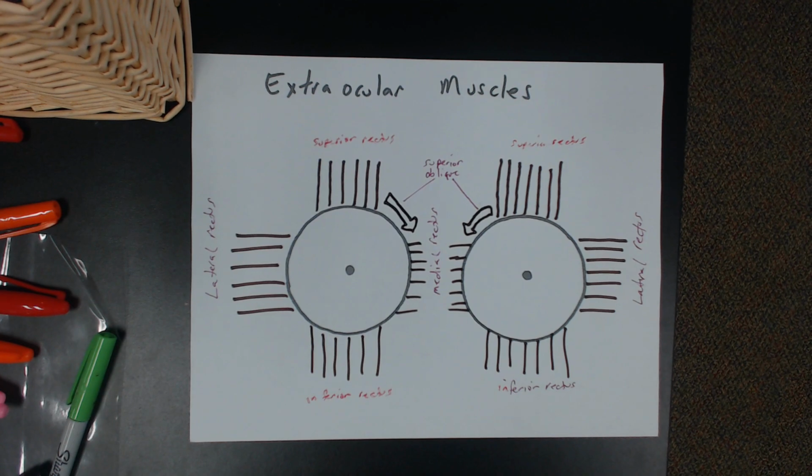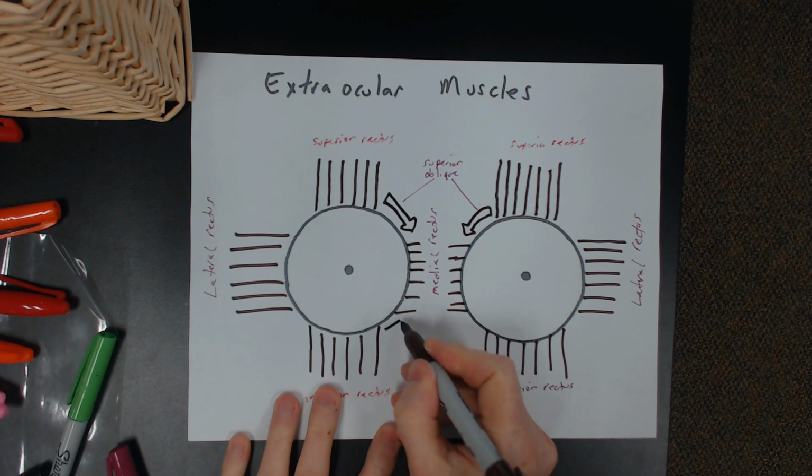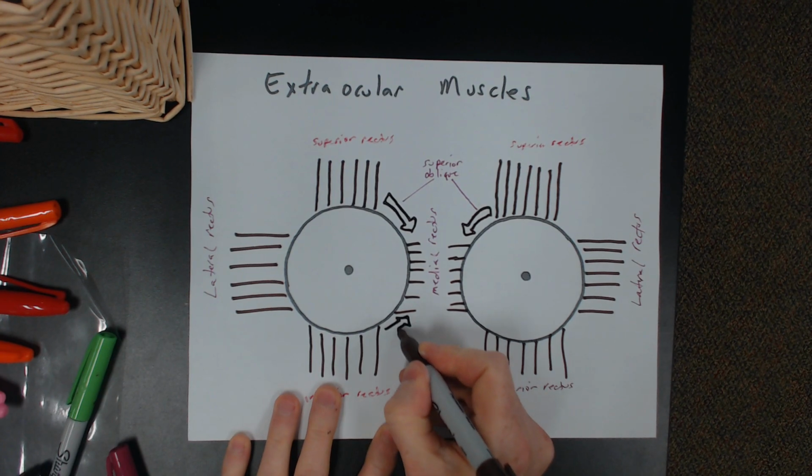Okay, and if you have a muscle that's responsible for bringing your eyes down and in, there must be one responsible for bringing your eyes up and out. And that's your inferior oblique. So it's just going to be positioned down here to counteract that motion.